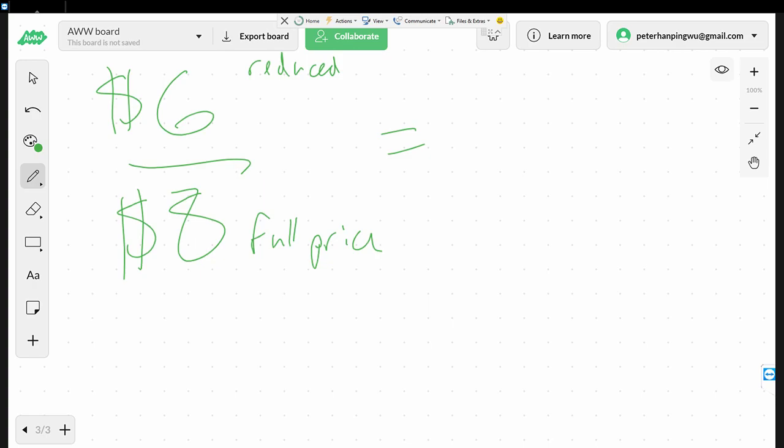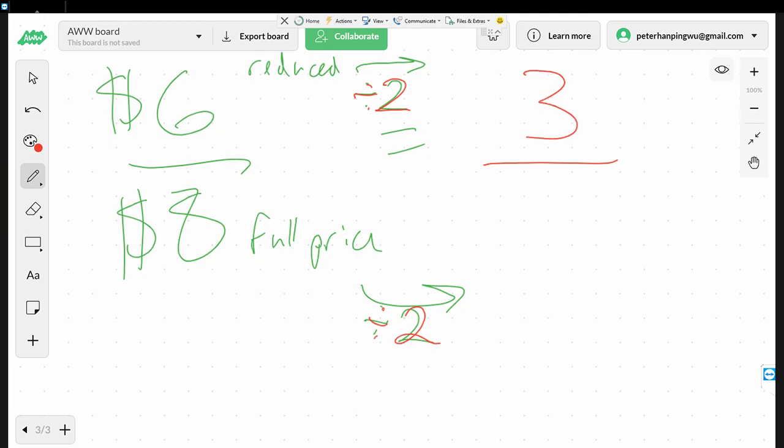So we paid $6 for the full $8, but we could divide this by 2 because they're both even numbers, right? Divide by 2. Let me change the color just to make sure that this is clear. We're dividing by 2. And that would give us what? 6 divided by 2 gives us 3.